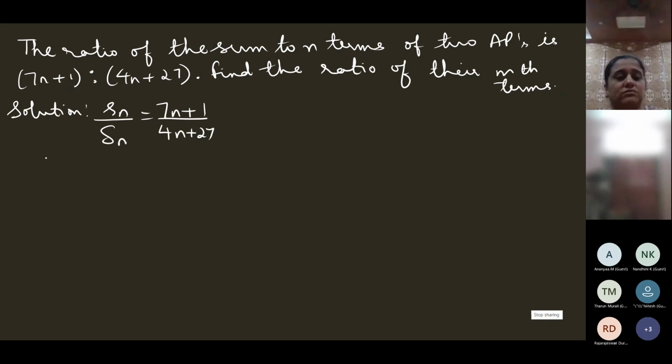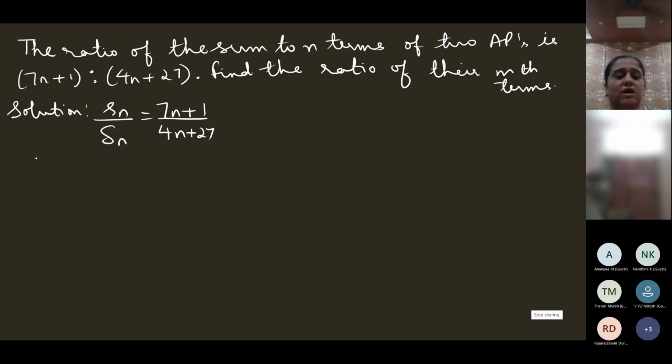What's the formula? How do you find Sn? n by 2 into 2a plus n minus 1 d. In the numerator, we should use small letters, right?